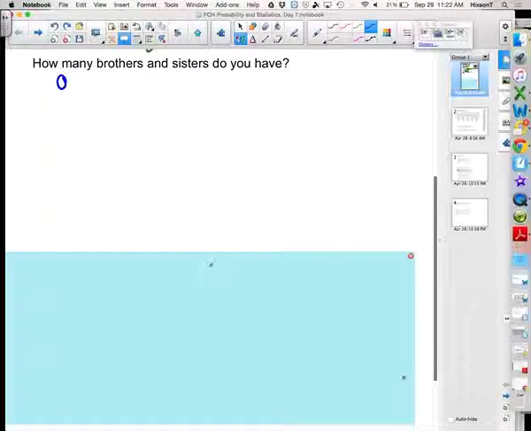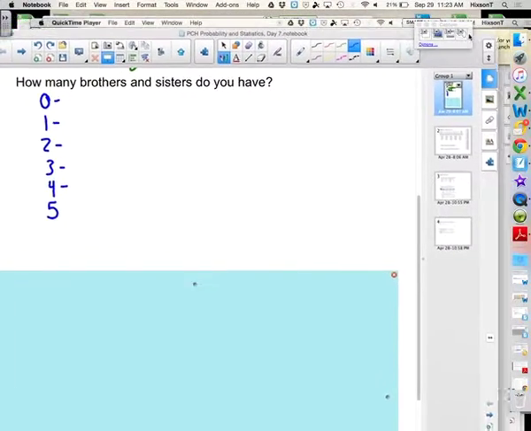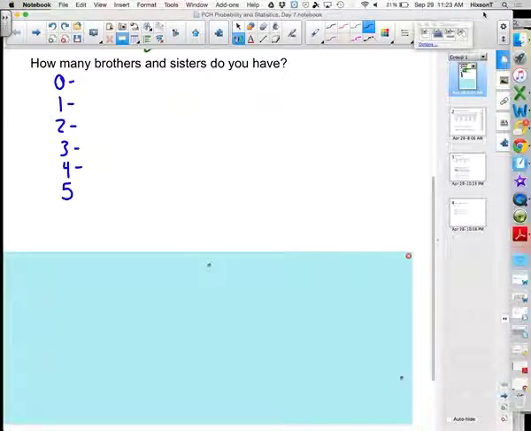So it's possible we could have 0, 1, 2, 3, 4, 5 ought to be high enough, I think. Okay. So let's just go around the room, and I'll put mine up first. I've got 3. I have 2. 2, 2, 0.